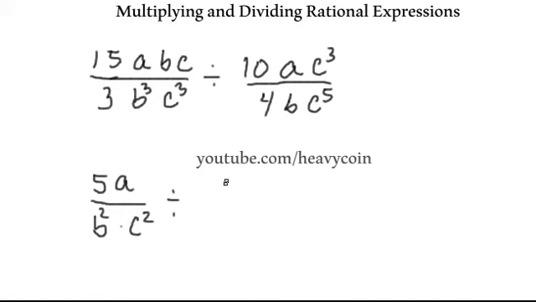Let's see, 2 goes into 10 5 times. A, we'll rewrite that, and we're going to cancel 3 c's out of the top, and that'll leave us with 2 c's in the bottom. And of course 2 goes into 4 2 times. B we rewrite, and C is squared.